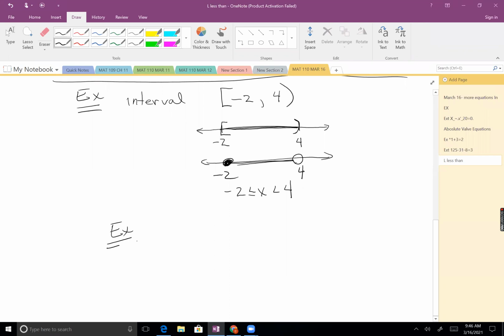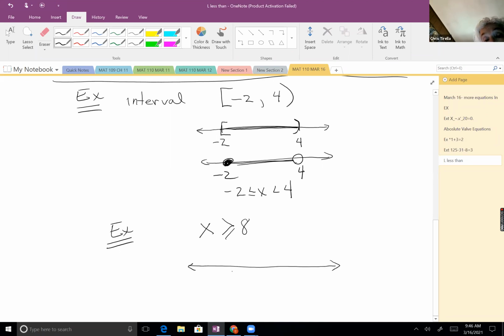Let's say I have an example inequality: x is greater than or equal to 8. If I were to look at this on a number line, I've only got that single value, 8.